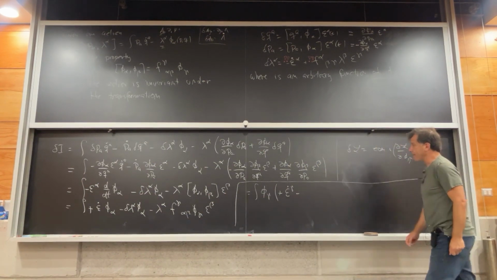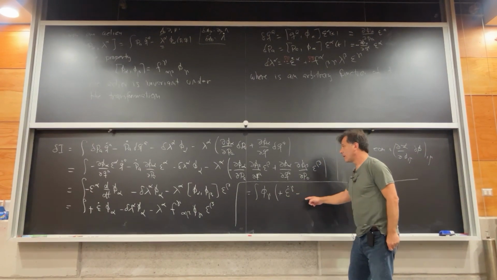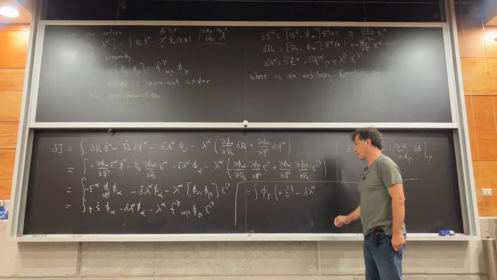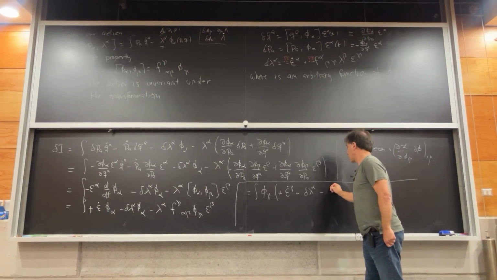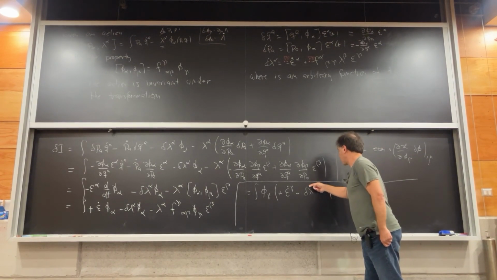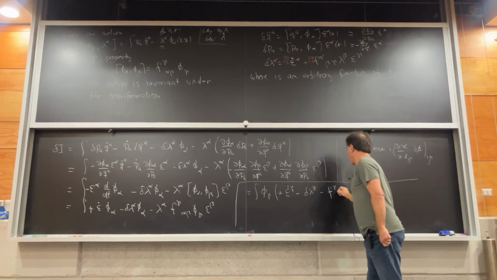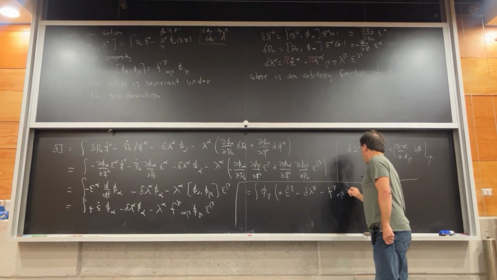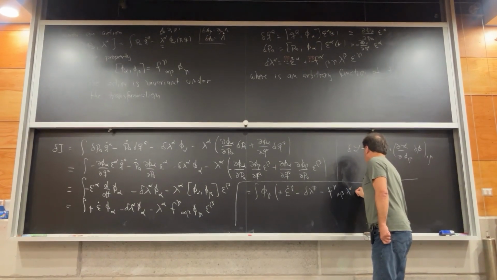I will use the index gamma minus delta gamma minus gamma alpha beta, but there might be some signs.